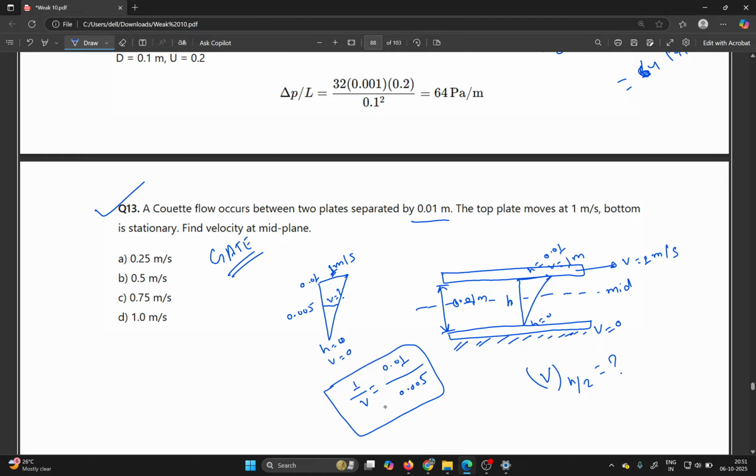So you can write from here, 1 by v equals 2, so velocity is equal to 1 by 2, means 0.5. So hopefully option B will be correct.